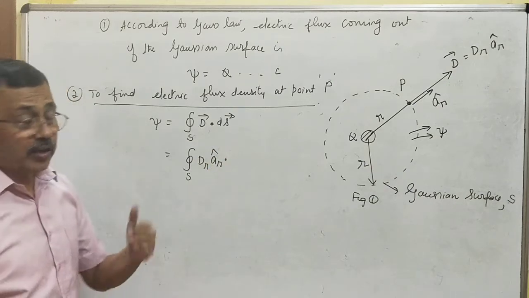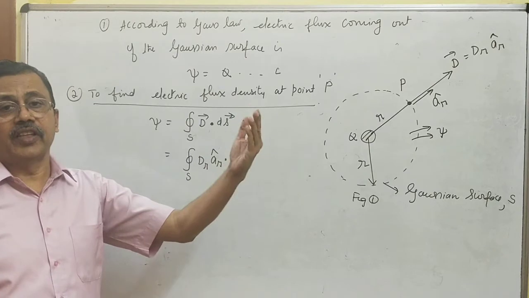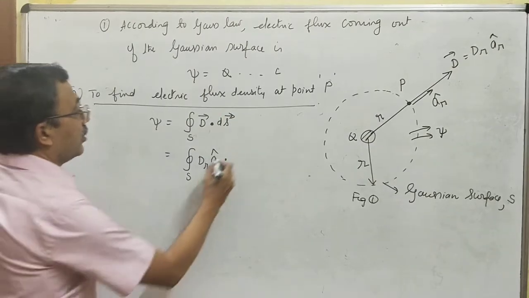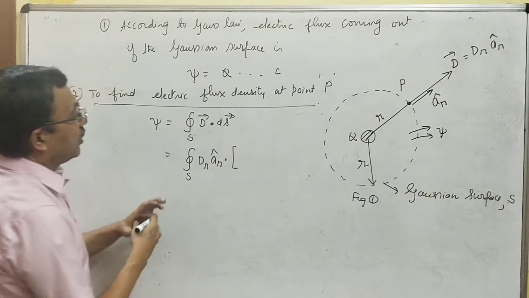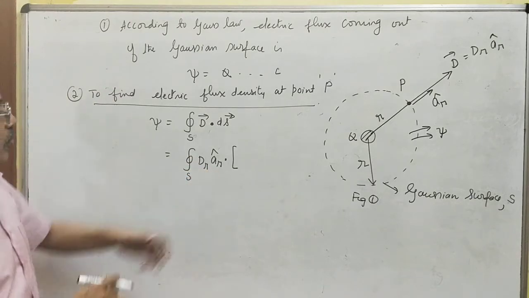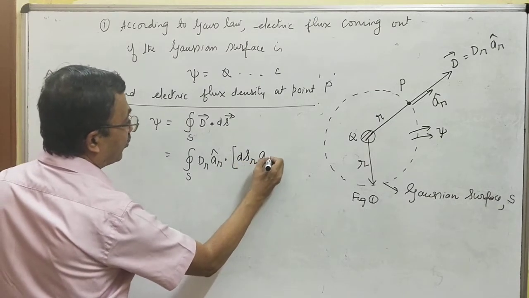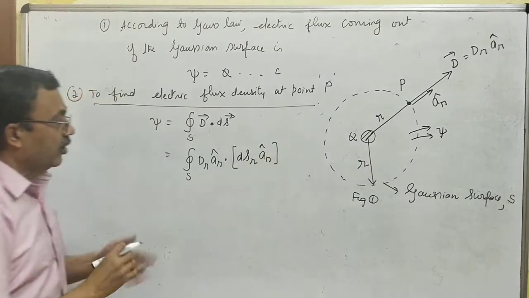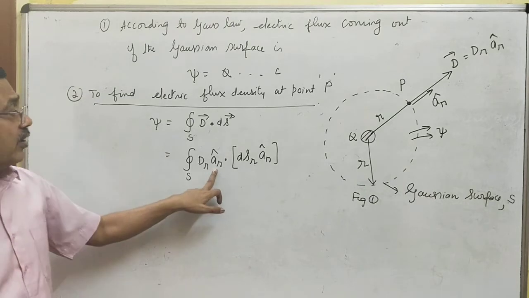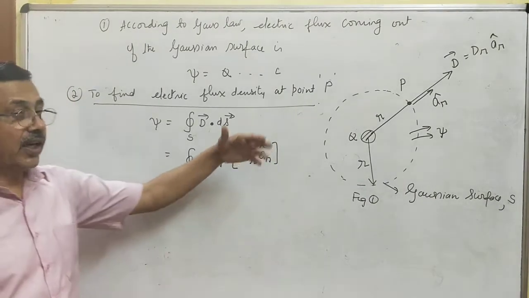Vector dS has got 3 components, as I told earlier: dSr, dS theta, dS phi. Please note that vector D has got unit vector ar cap. Therefore, it is sufficient if you take only the component dSr, because the dot product of ar cap with a theta cap will be 0. Dot product of ar cap with a phi cap will be 0.